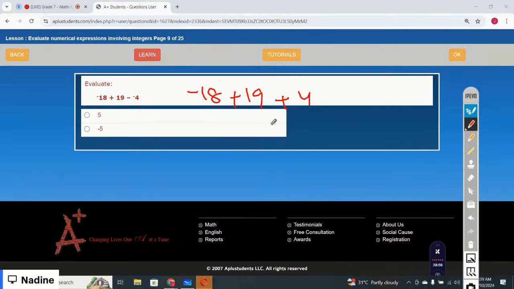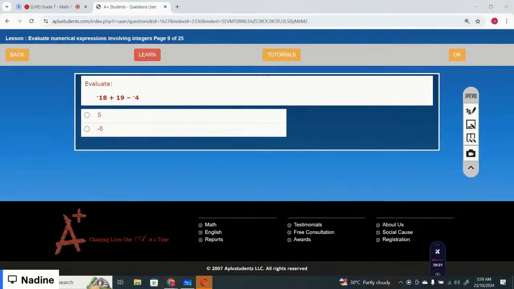So 19 plus 4 is 23 and 23 minus 18 equals... Very good. So 23 minus 18 is 5. The correct option is 5. Option number 1 is the correct option.